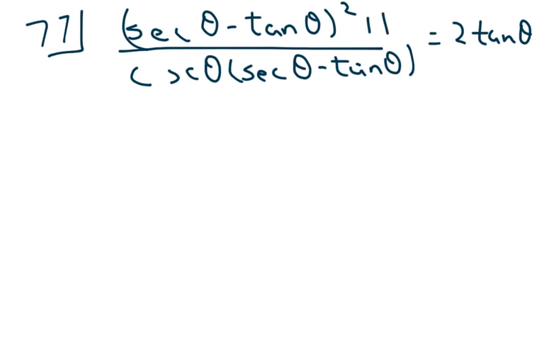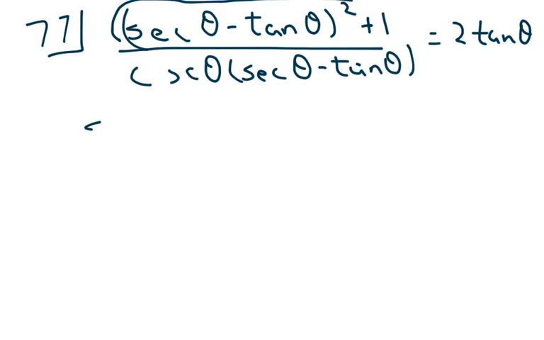This is secant squared. And this is a plus 1, sorry. Plus 1 here. So the first thing I'm going to do on 77 is factor all this out.